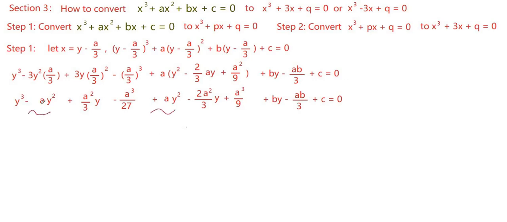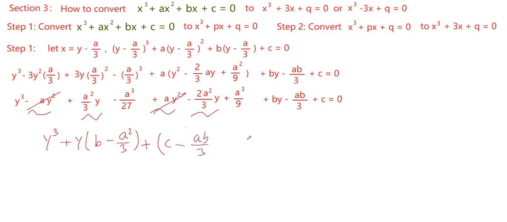This is positive a y squared. So they can be cut off. And this item can be combined. Then we have y cubed plus y times (b minus a squared divided by 3) plus c minus ab divided by 3 minus a cubed divided by 27 equal to 0. And this is the pattern of px plus q.